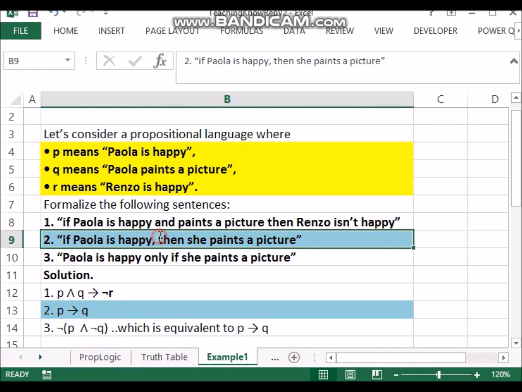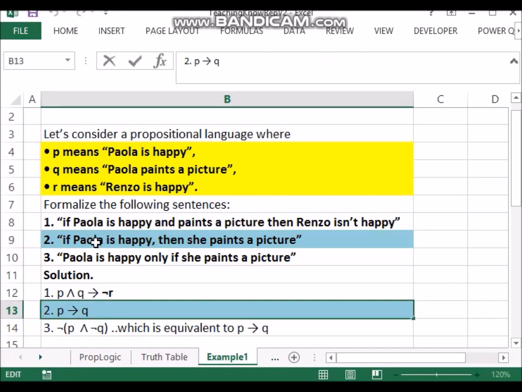Whenever you see the word then, it normally means that implies is going to come. This arrow is going to happen. So Paula is happy, then she paints a picture. Suppose I had said Paula is happy and she paints a picture, then we'll put the and symbol in between. But in this case we are saying Paula is happy, then she paints a picture, so we have to use the arrow symbol.